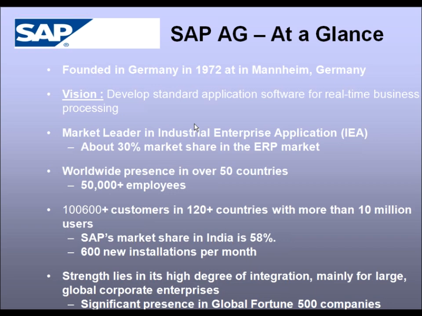That's SAP's strength. So why does everybody go for SAP? Why not the other ERP software tools? The basic reason why everybody goes for SAP is that SAP's strength lies in its high degree of integration, mainly for large global corporations.